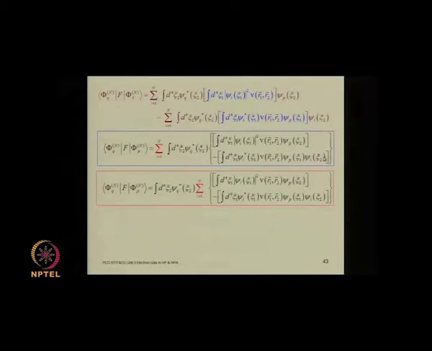So, the only terms which have anything to do with I are inside this beautiful bracket. So, I bring the summation over I, this symbol over here, just behind this beautiful bracket.